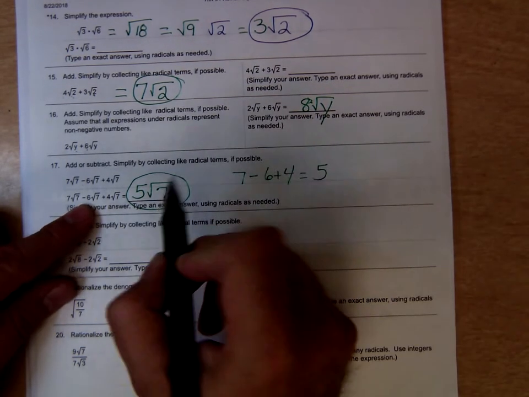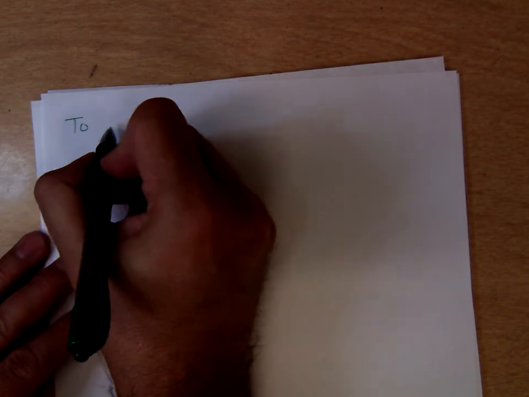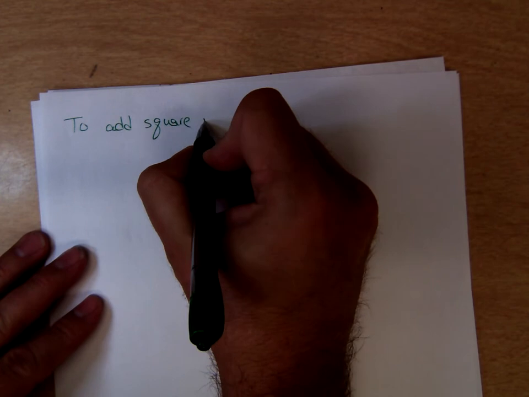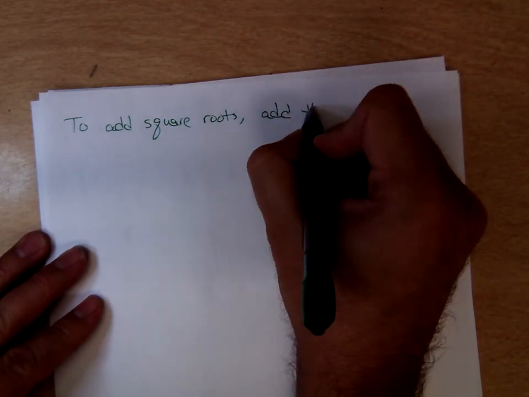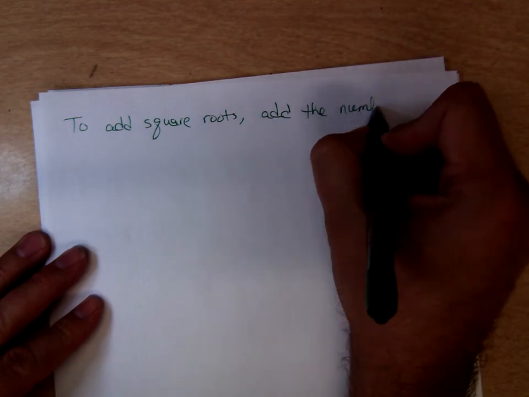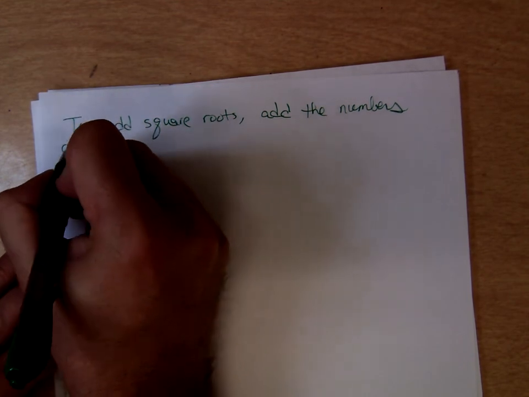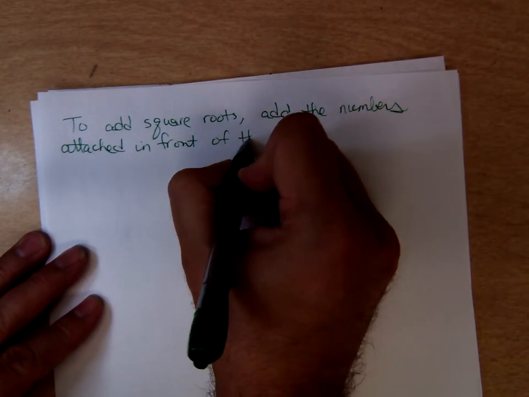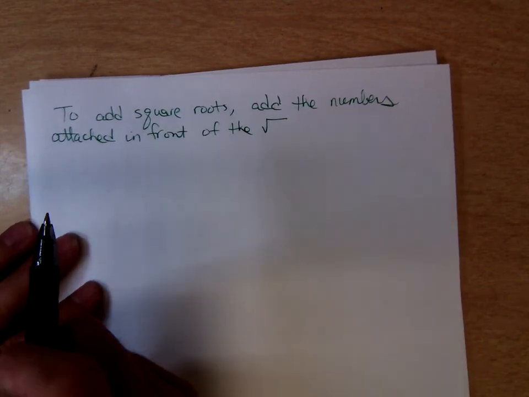Let's write that out. To add square roots, add the numbers in front of the square root, the numbers attached in front of the square root. Oh, I'm sorry, that's my habit, cursive writing. I've been trying to get out of that habit for a long time.